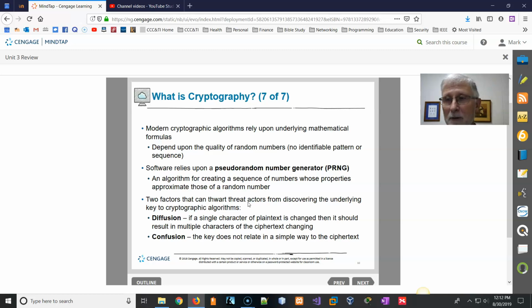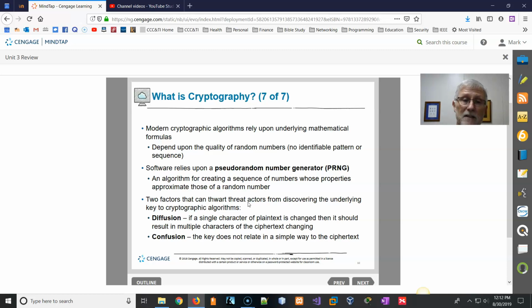It says approximate because with some of the older versions, if you run it often enough, it wouldn't give you a random number. You could get it to give you the same number back. Now, 2 factors thwart threat actors from discovering the algorithms. One is diffusion, and the other is confusion.